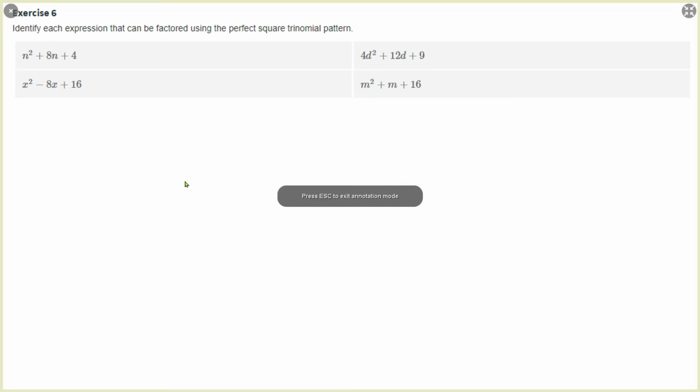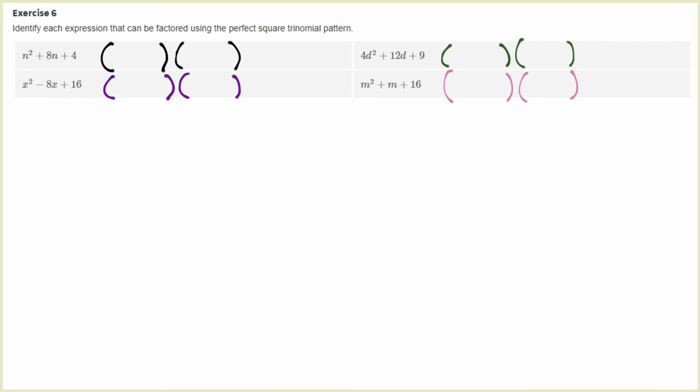So here we go. If it's a perfect square trinomial, then it will have a binomial squared for its factored form answer. So that means both of our binomials are exactly the same. And the sign will match the sign of our b value.